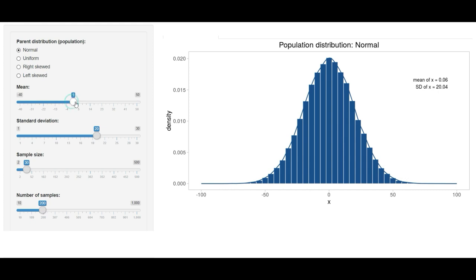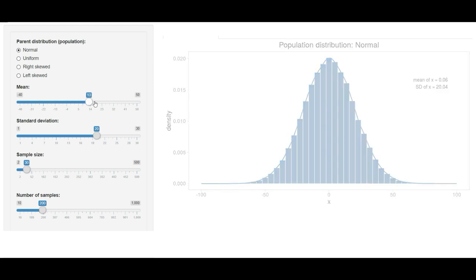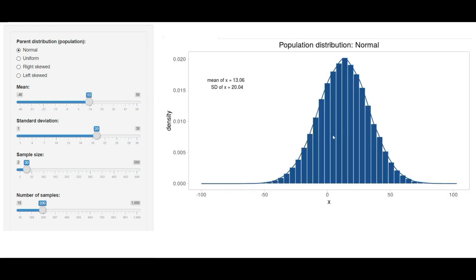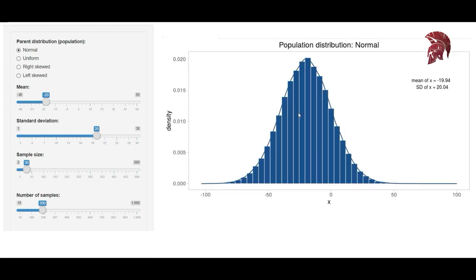If I increase the mean to 13, look at the curve, it has shifted right, while the peak has remained at 0.20, and the standard deviation is as it was previously, 20.04. The distribution has moved rightward. When I change the mean to minus 22 or any number, it shifts leftward.